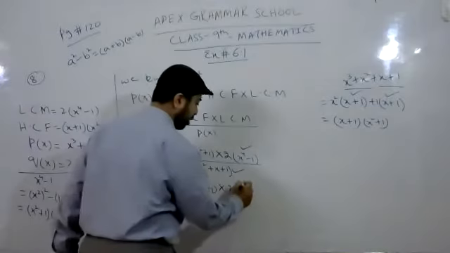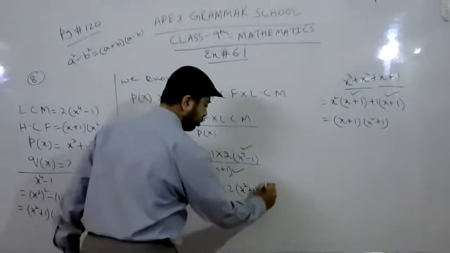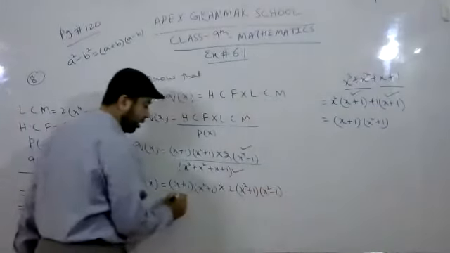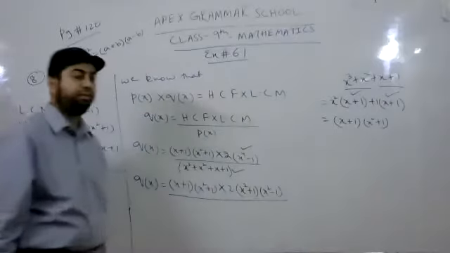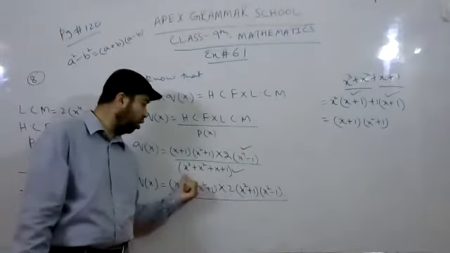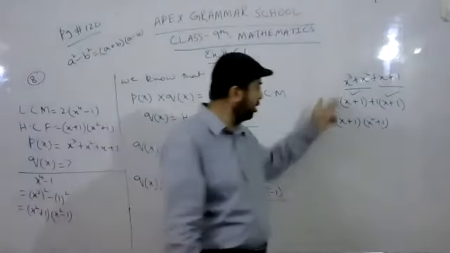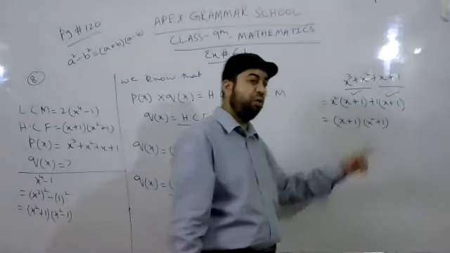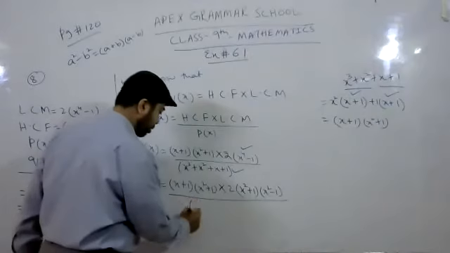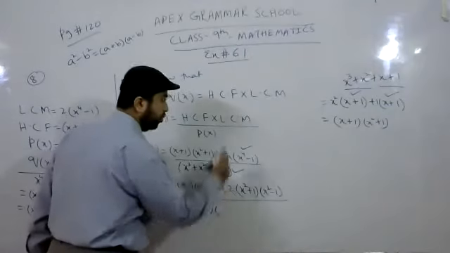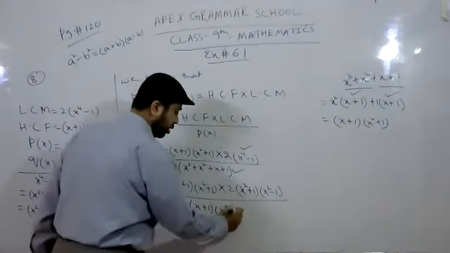So x square plus 1 and then x square minus 1. And in denominator, instead of writing all these values, we can write its simplified form, that is x plus 1 into x square plus 1.